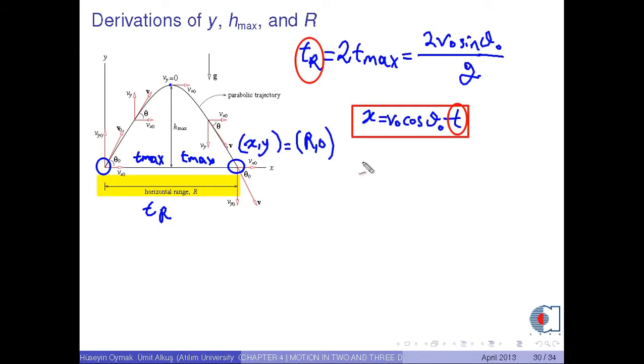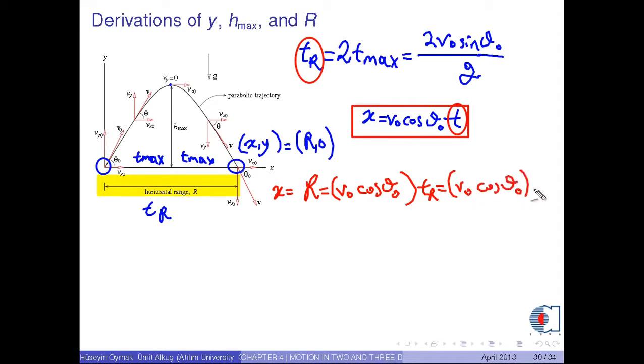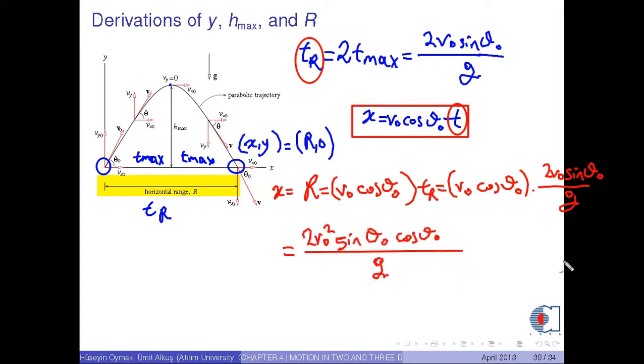Inserting tR into the equation for x results in the particle's horizontal range as x equals R equals V0 times cosine theta 0 times tR, which is equal to V0 times cosine theta 0 times 2 times V0 times sine theta 0 over g. Then we obtain 2 times V0 square times sine theta 0 times cosine theta 0 over g.